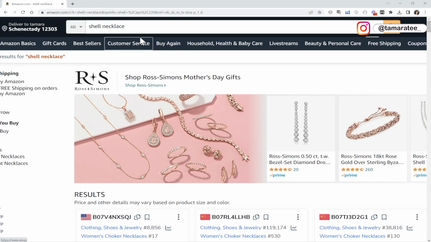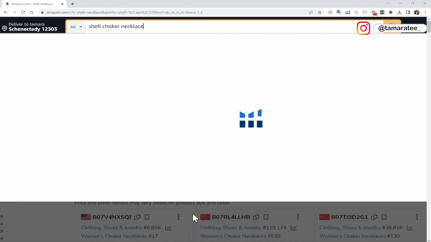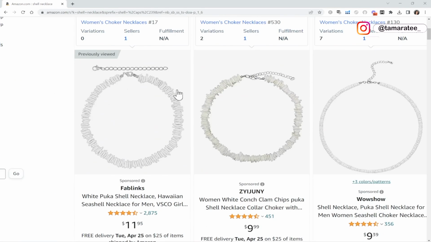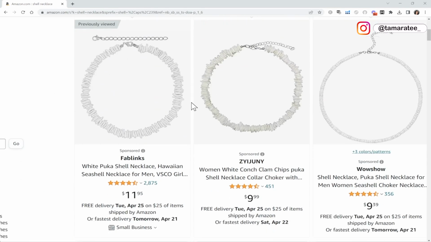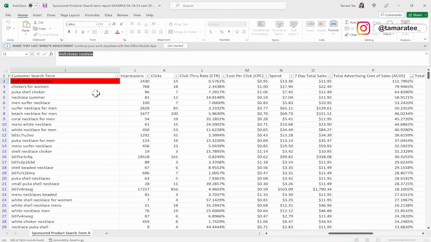So if a customer types in that keyword like so, when they type in this keyword, my ad will not appear in the search terms. So that means nobody can click on my product and I will not get charged with advertising. So I know that this is bad because again, my ACoS is super high and my click-through rate is 0.5%, which is not good when I compare it to a large number of impressions.